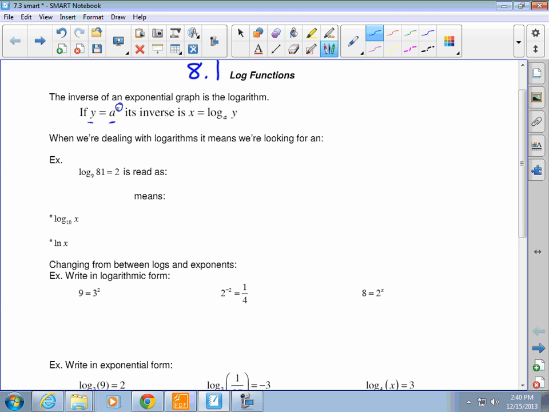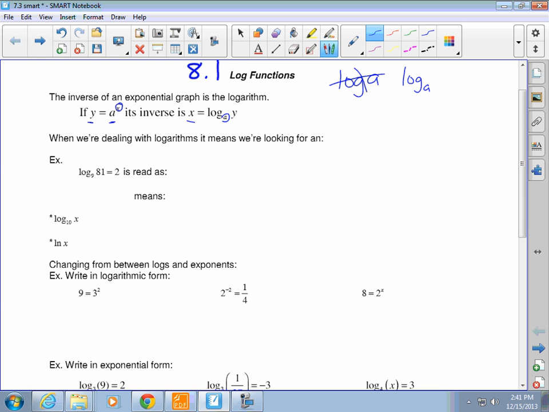The inverse, when you write that, is that the power is equal to log a, and this is important, it is not log a, it is log little a, called a subscript a because it's lowered, of y. Your x and y basically switch sides, and your a is a little lowered a.